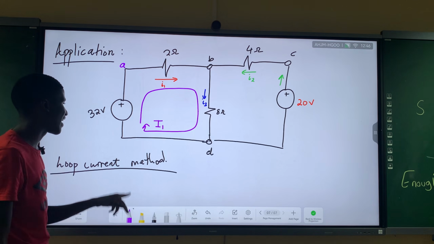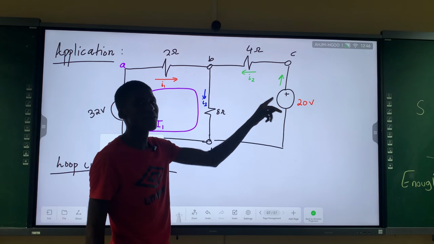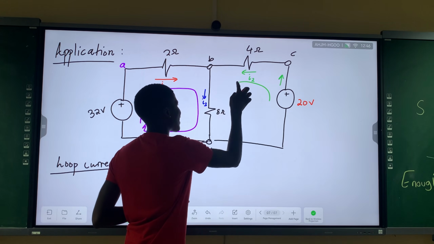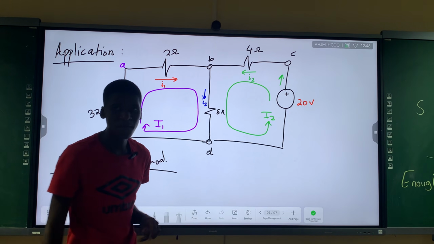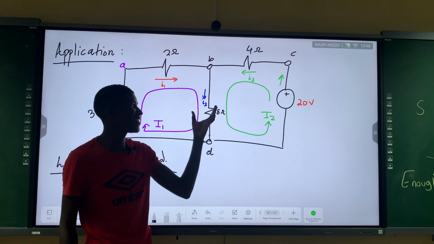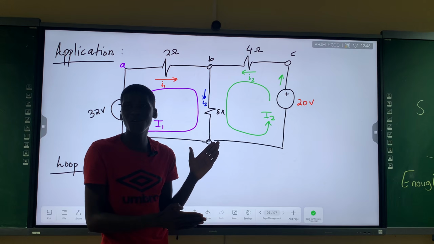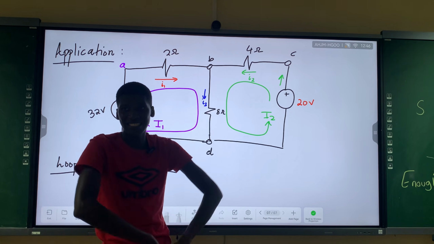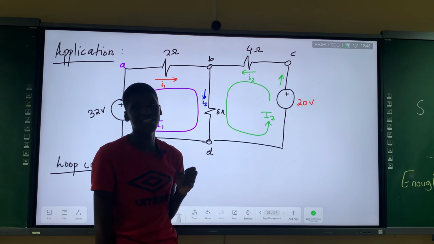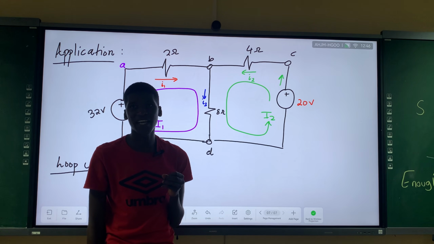So you must have another loop showing that this other voltage source is producing a current, and that current we say is current I2. So do you see this 8 ohms is receiving both of the currents, because the moment they reached terminal B they combined into the 8 ohms resistor. Is that clear? Yes.